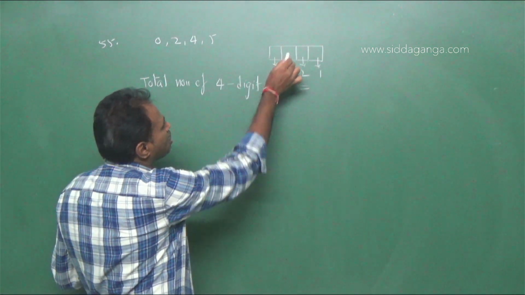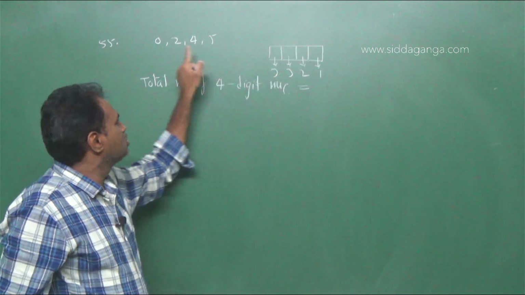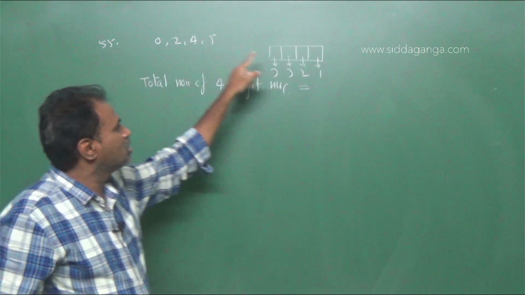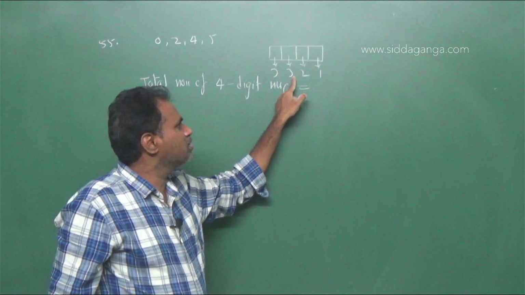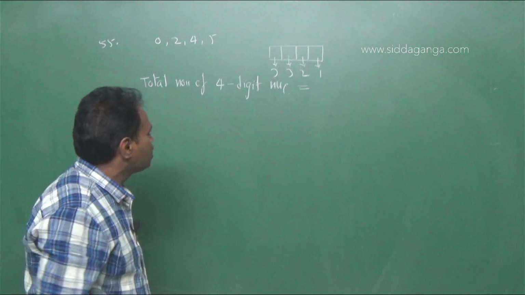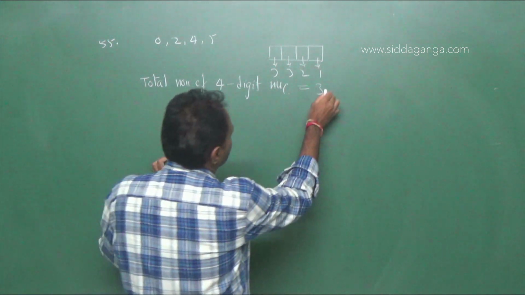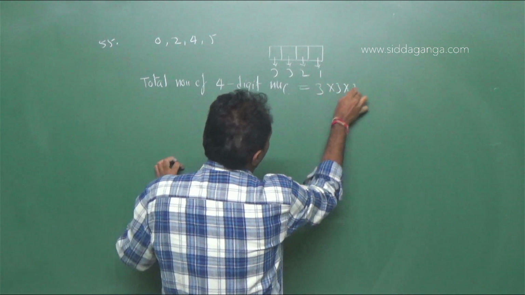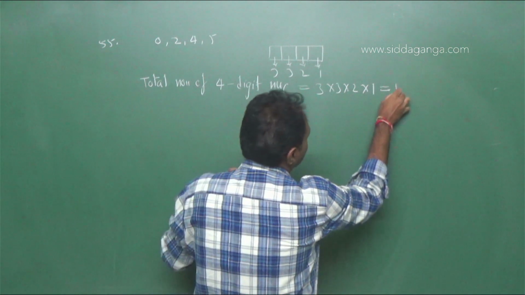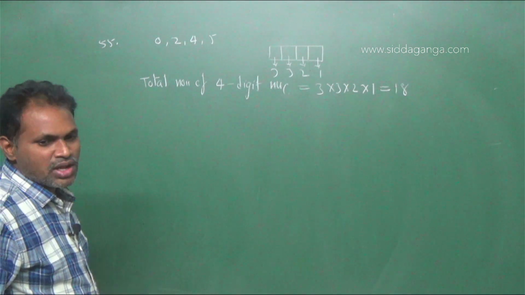Out of these digits, 1 digit you fixed here, so a total of 3 digits remain. Therefore, the second box 3 ways, third box 2 ways, and fourth box 1 way. Therefore, the total number of 4-digit numbers is 3 into 3 into 2 into 1, that is 3 into 3 is 9, 9 into 2 is 18. Therefore, the total number of 4-digit numbers is 18.